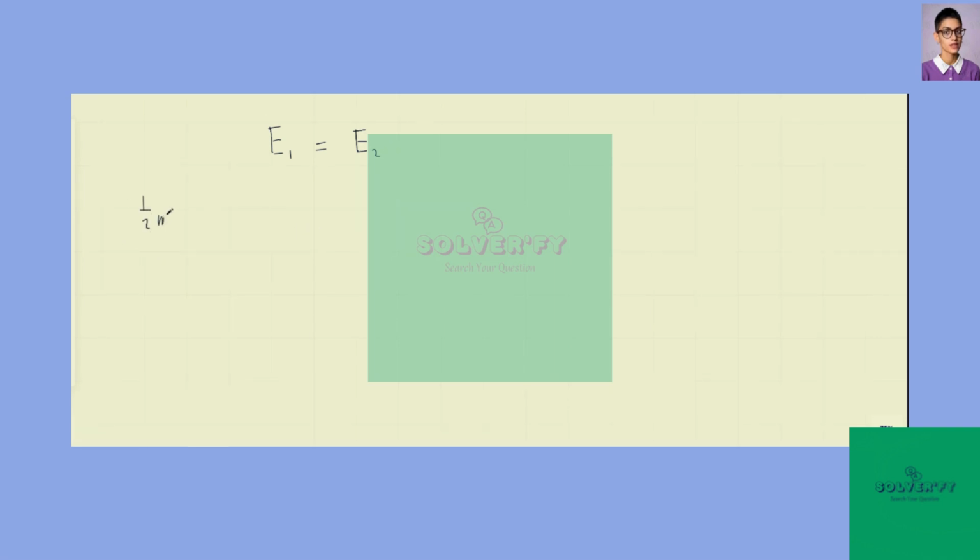That's a half m v1 squared, the initial kinetic energy of the car, plus the initial elastic potential energy stored in the bumper, a half k x1 squared, must equal the final kinetic energy of the car, a half m v2 squared, plus the final elastic potential energy stored in the bumper, a half k x2 squared.